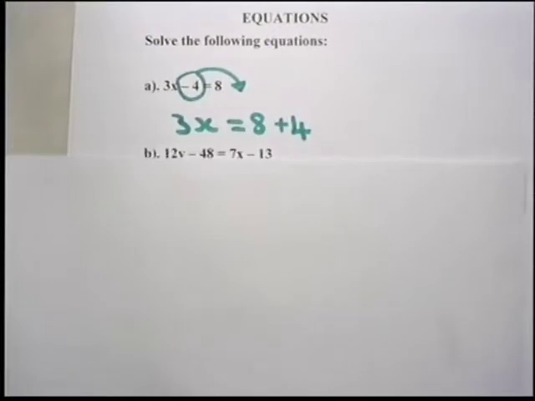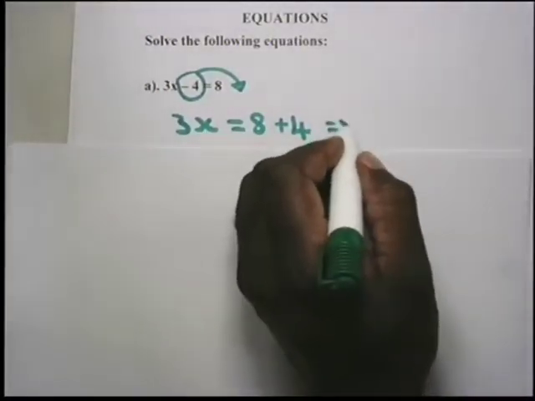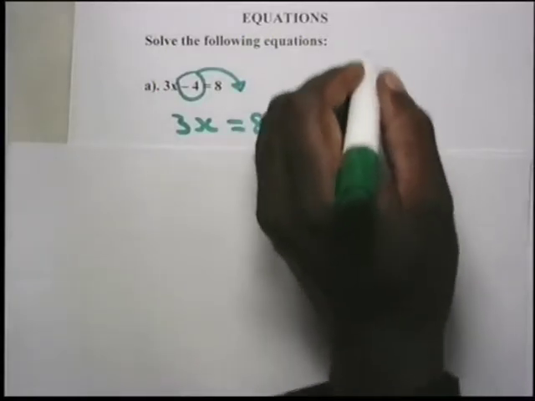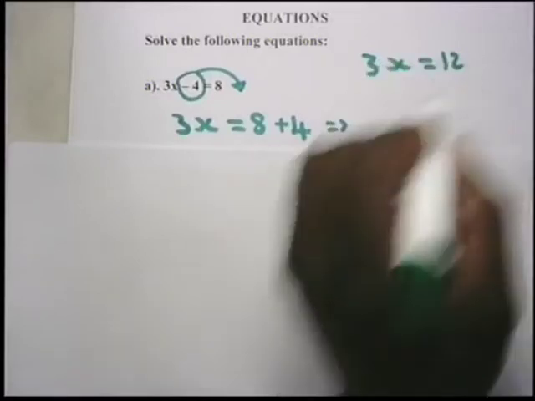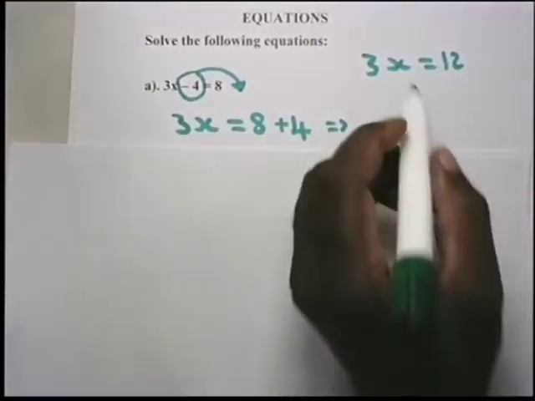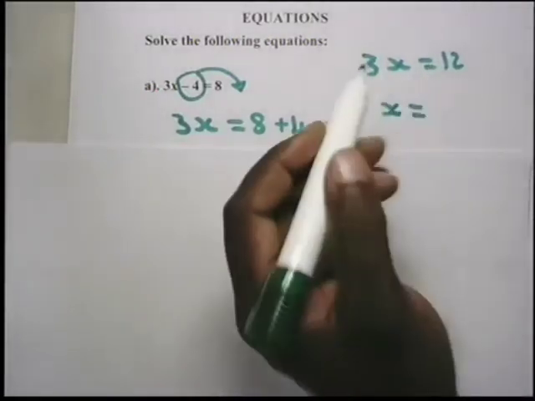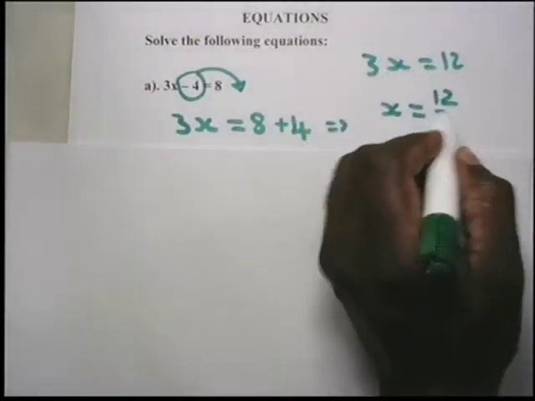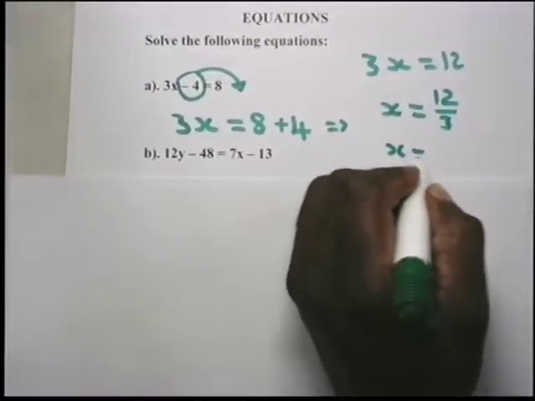But we know what 8 plus 4 is, so then we can just as well say this implies that 3x is equals to 12, because 8 plus 4 is 12. Now here we are multiplying, we want x on its own, so we divide by 3. It will be 12 divided by 3, which is then telling us that x is equals to 4.